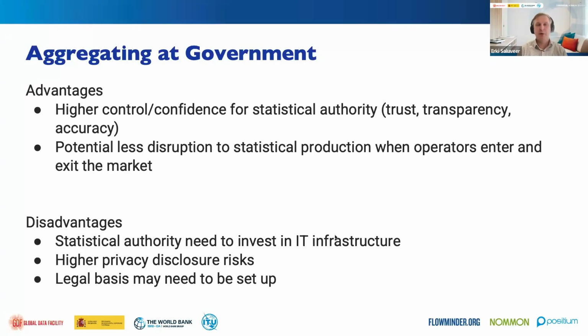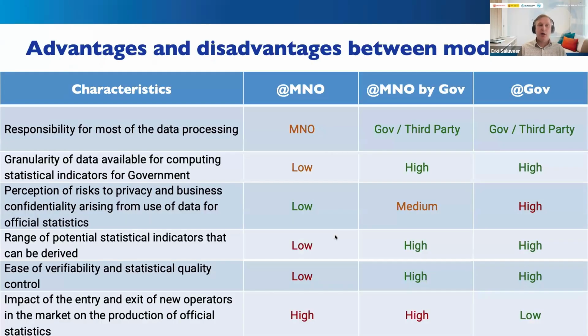And legal frameworks might be much harder to set up as well. Actually, there are many characteristics by which you could compare these different models. So here I give you some examples of how we can compare these different models.